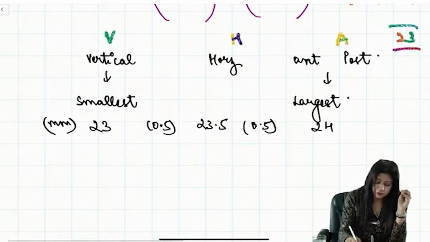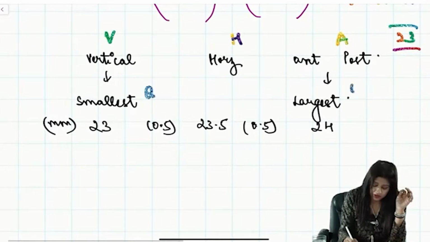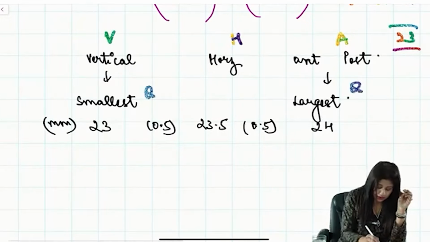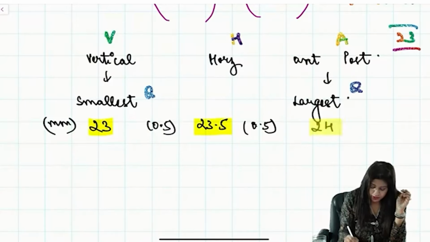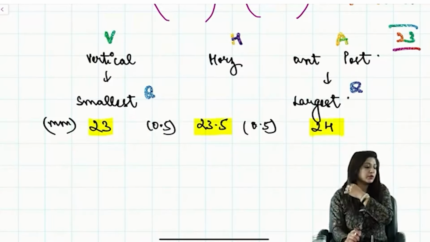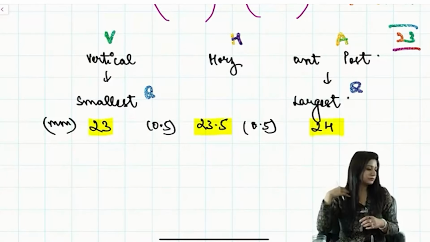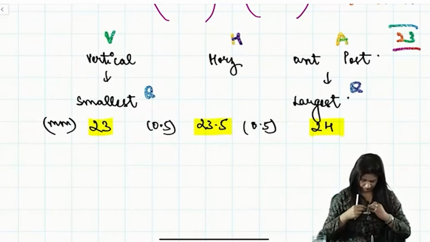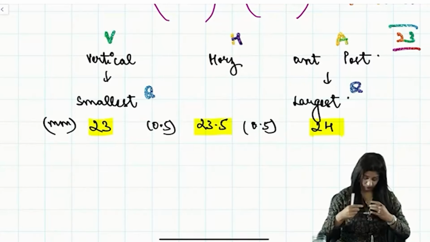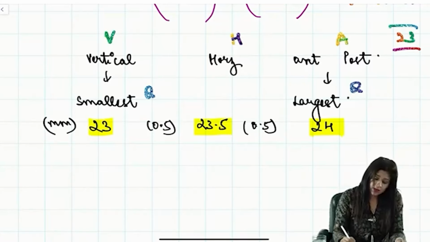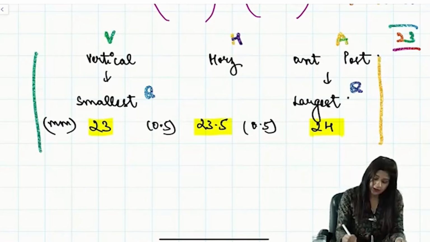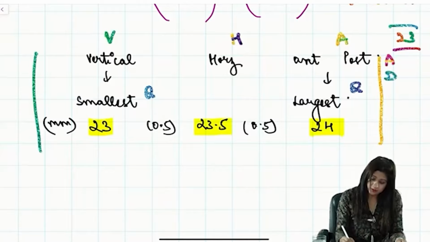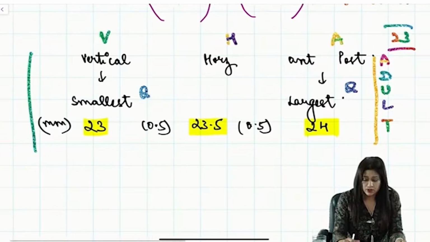So likewise 5 questions, smallest, largest, and a particular diameter, 23, 23.5 and 24 you are going to get. These are all the adult diameters.